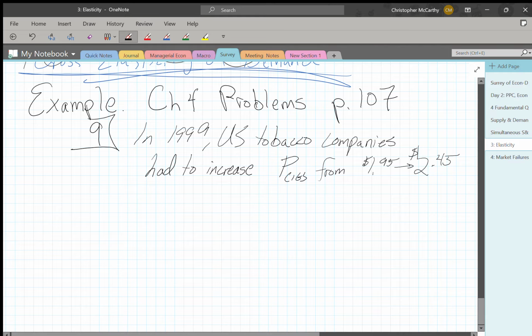The decline in cigarette sales was estimated to be around 8%. What does this imply for the elasticity of demand for cigarettes?